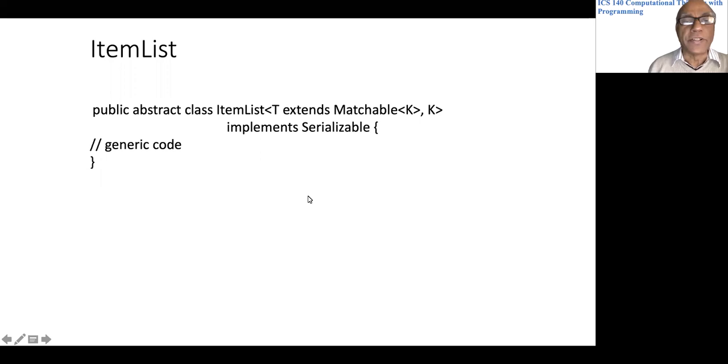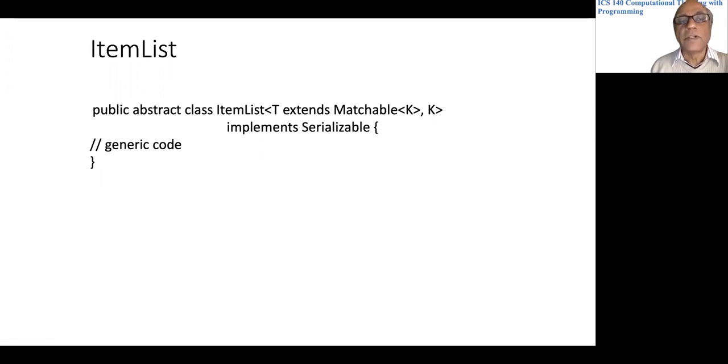Now let's look at this particular declaration of item list. Public abstract class item list, T extends matchable K, comma K implements serializable. Let's look at the easier parts of this.